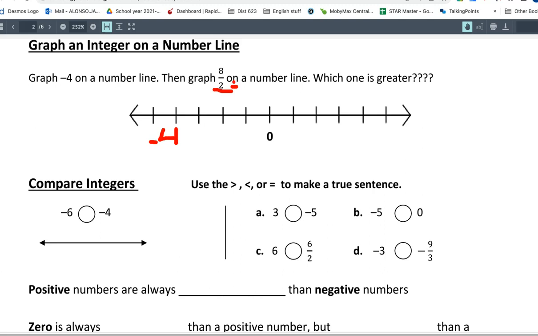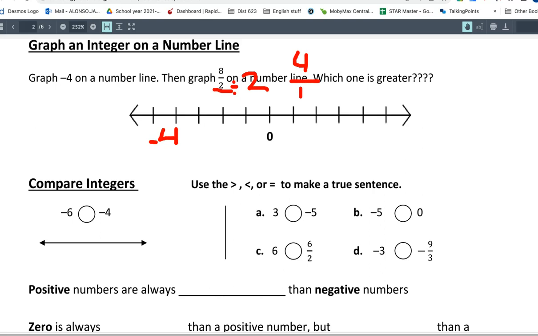You divide the bottom number by 2. So 2 divided by 2 is 1, and 8 divided by 2 is 4. So whenever a fraction looks like this, it's just 4.